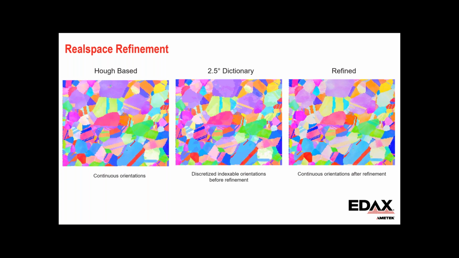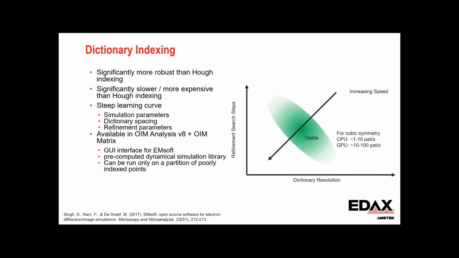And after doing a refinement, you recover the continuous orientation as expected. And so dictionary indexing gives you this robustness of forward models that I showed in the beginning. But as you can imagine, it's much more expensive because you need to simulate all of orientation space and then compare against every pattern separately.